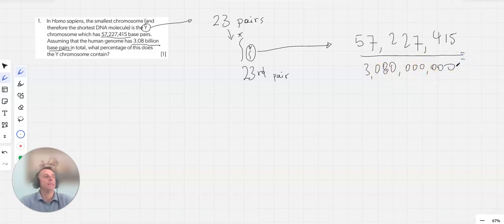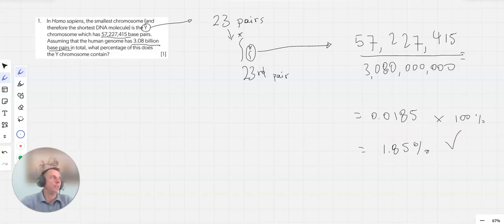Use your calculator and the answer that you will get once you do this would be 0.0185. Now multiply this by 100% and you get 1.85%. So this is your answer for the first question.